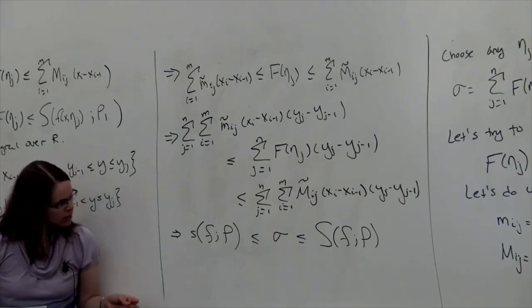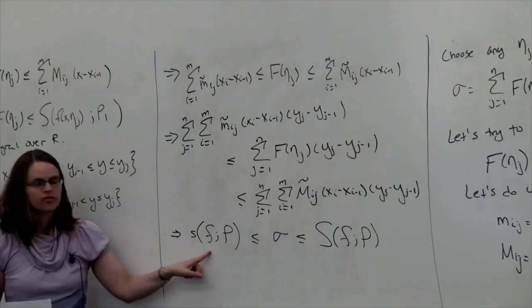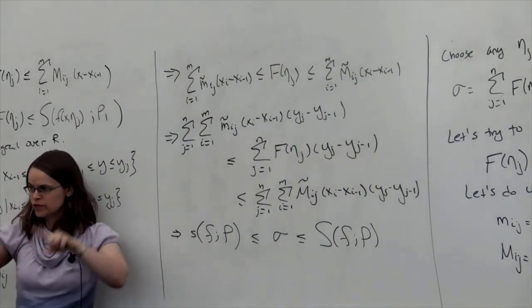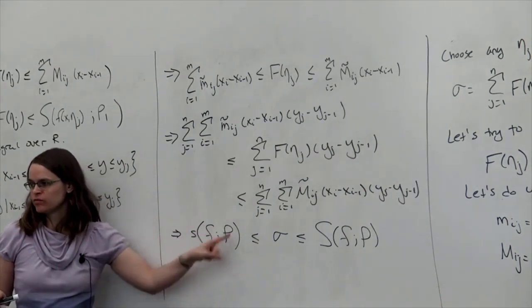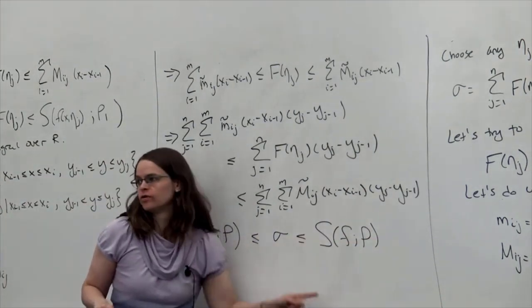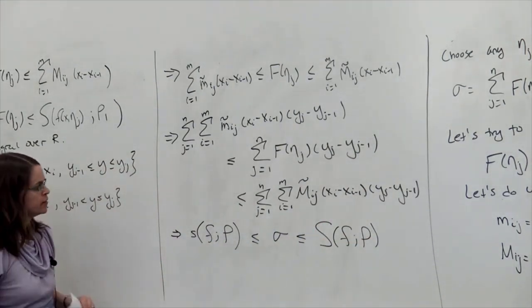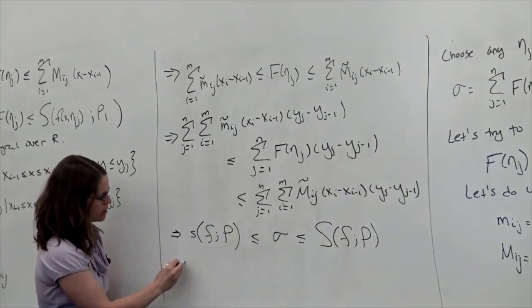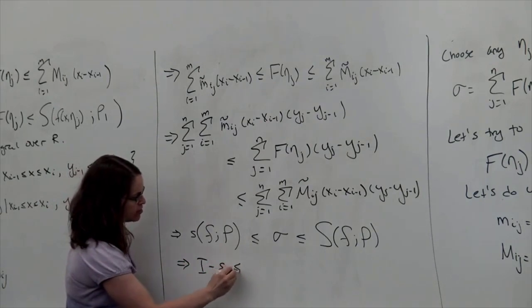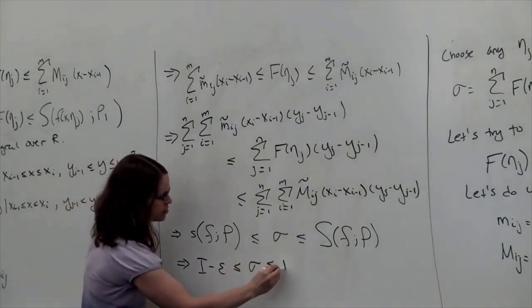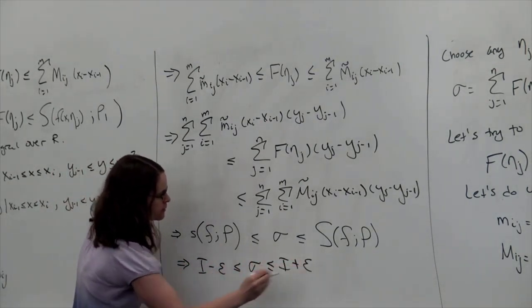But we know that because f is integrable over this 2D region, that this guy stays really close to I. We said it stays within epsilon, and this guy also stays within epsilon. So we're going to have from this that I minus epsilon is less than or equal to sigma, is less than or equal to I plus epsilon.